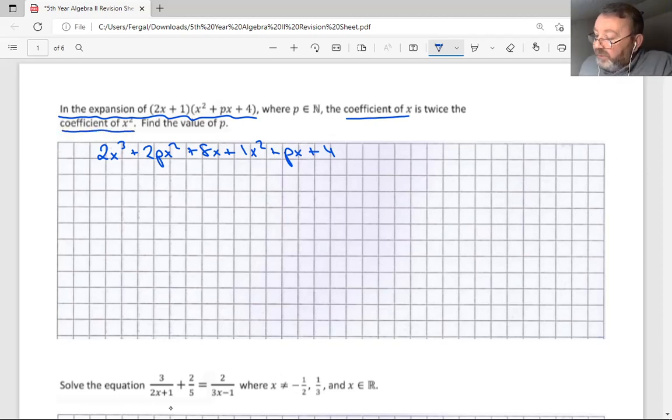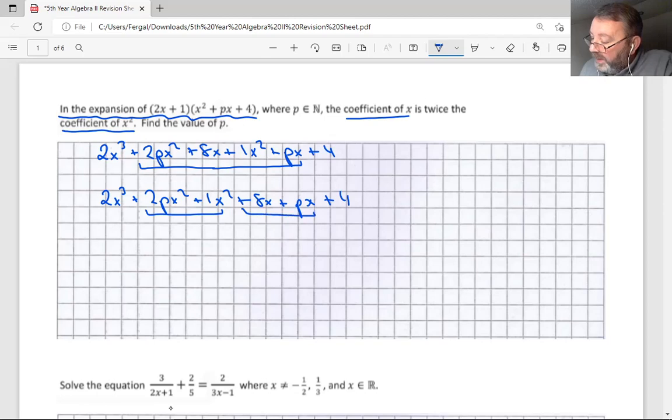Now, what I have to do here is realize that x² and x are in those four terms. So I'm just going to rewrite this with the terms that have the same x together. So 2px², and then plus 1x² plus 8x plus px plus 4. So there is your x² and there is your x.